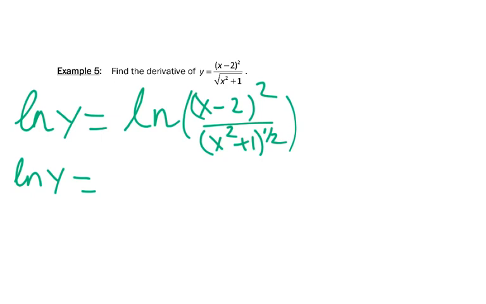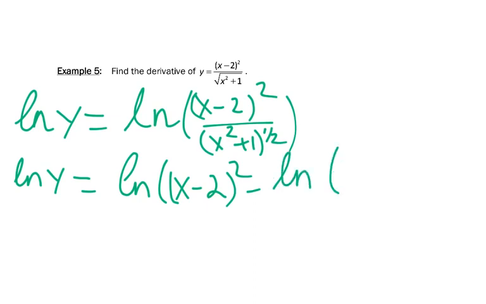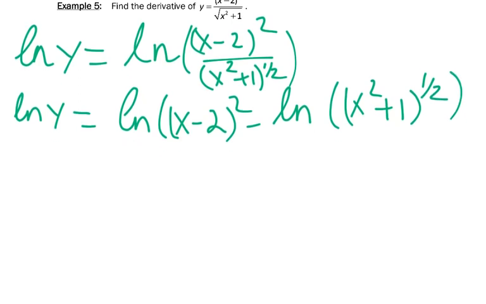I'm just rewriting the function, applying the natural log rule to make it easy for me. So this would break into the natural log of x minus 2 squared minus the natural log of x squared plus 1 to the 1/2, okay?